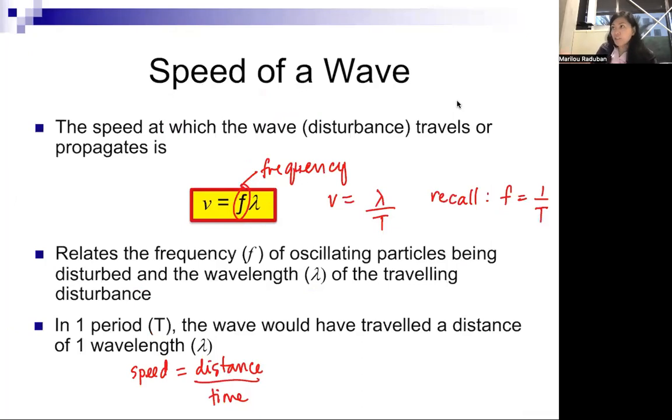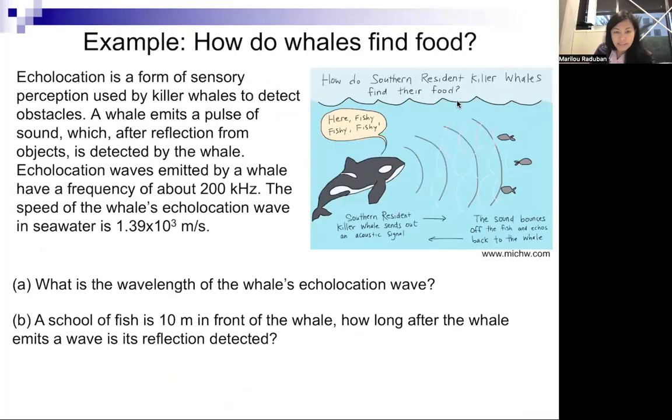Just before we continue talking about waves and looking at the classifications of waves, let's look at an example of the speed of a wave. So here we have a killer whale. Echolocation is a form of sensory perception used by killer whales to detect obstacles.